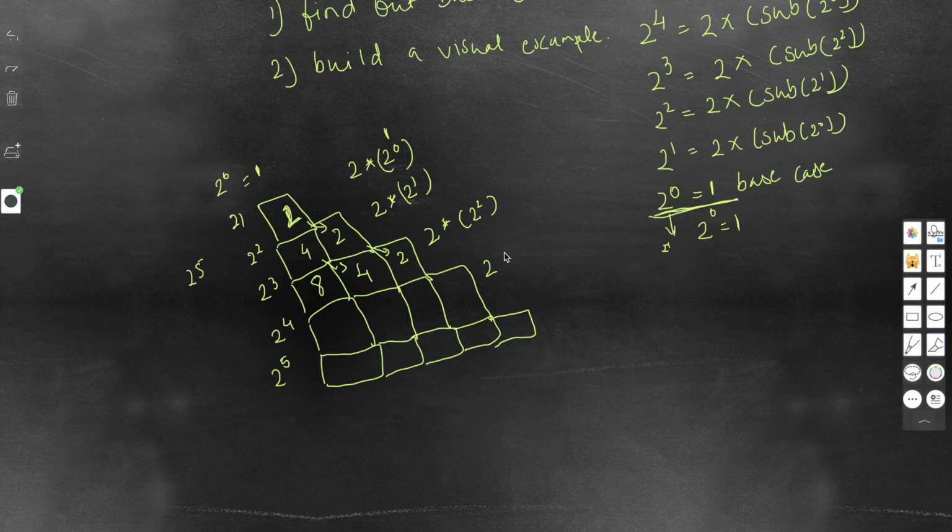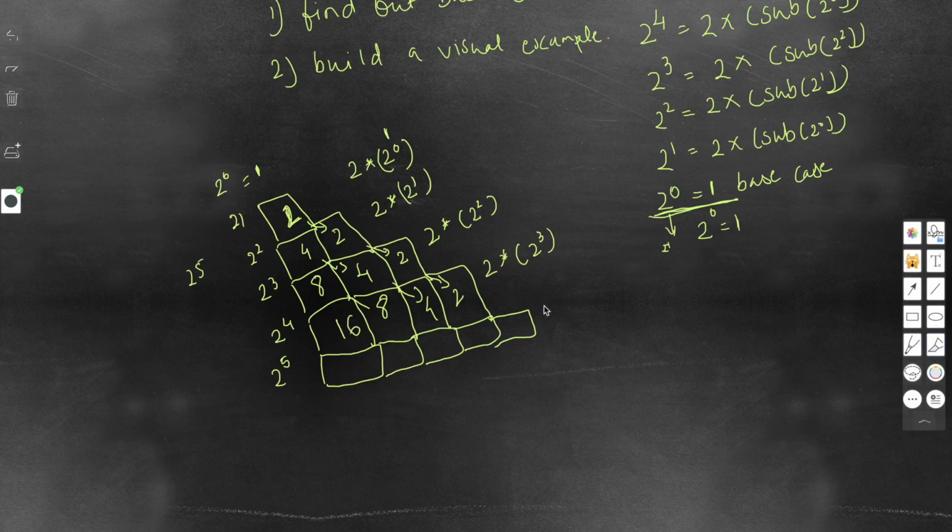If I want to calculate 2 to the power 4, then I will simply multiply with the result of 2 to the power 3. So I have just copy pasted this value, and I will multiply myself with it, 2 into 8, that is going to be 16.